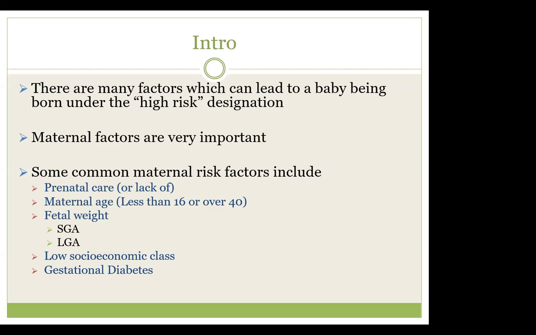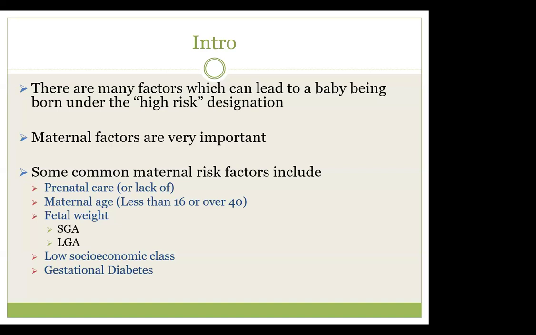We know at a specific gestational age about how big that baby should be, about what their weight or measurements should be. So if that baby is not growing at a normal rate, they may be considered small for gestational age. So we base everything on a normalized gestational chart.